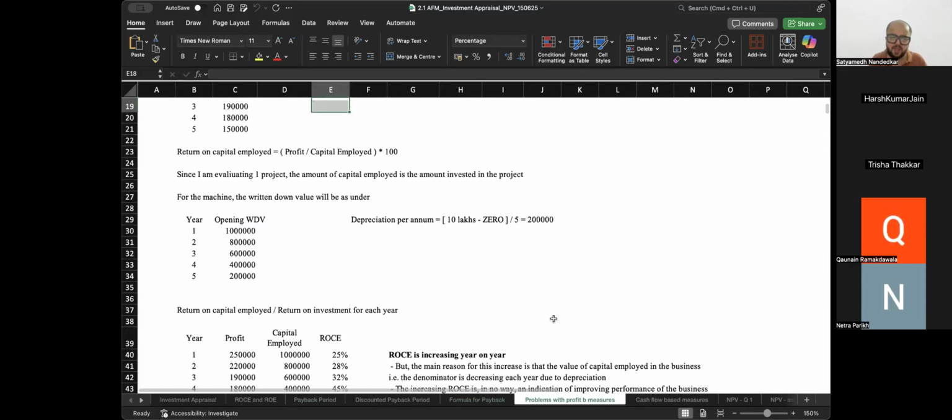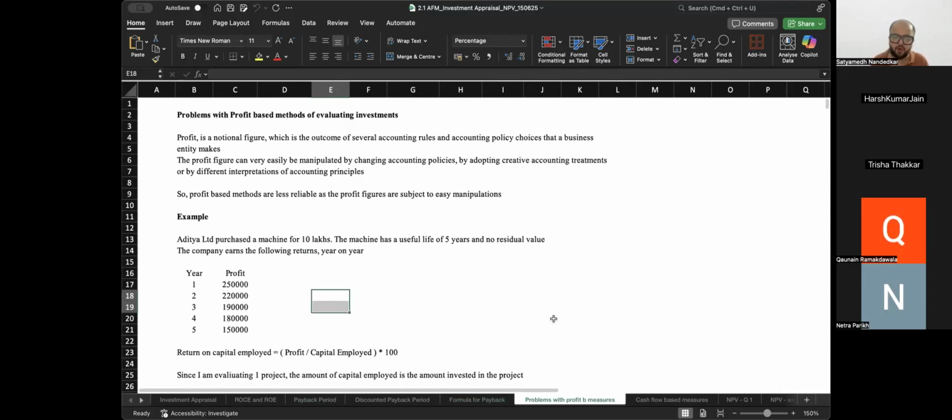Now, the profit-based measures have a problem, which is that profit is a notional figure and it is the outcome of different accounting policies. Something that is more suitable from a financial reporting perspective, but decision making, fortunately or unfortunately, relies more on certain tangible items like cash flows, and therefore these profit-based measures might not be so effective.